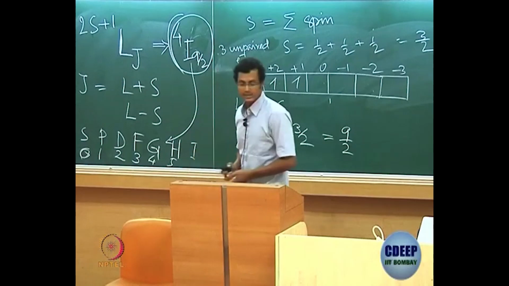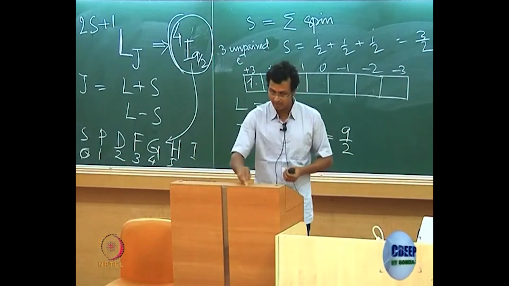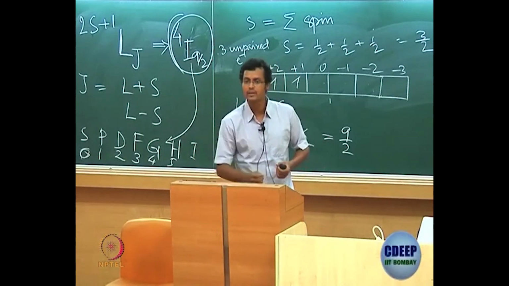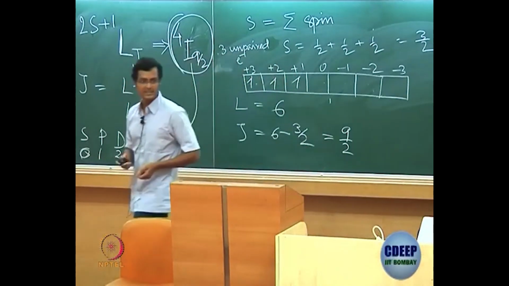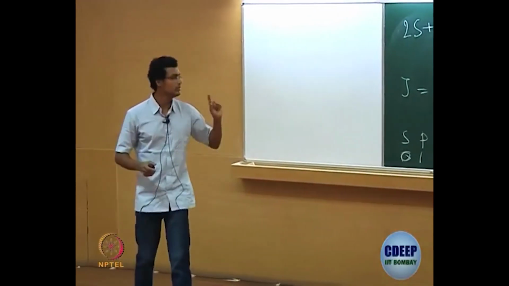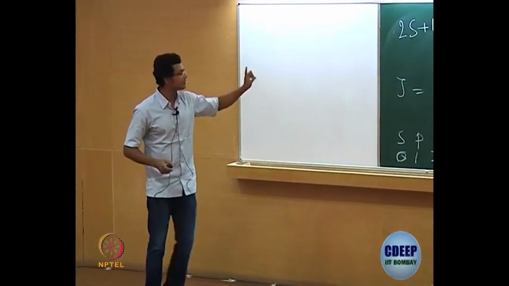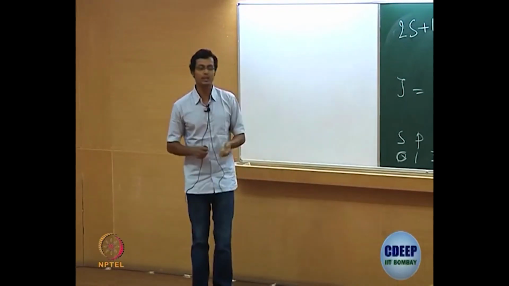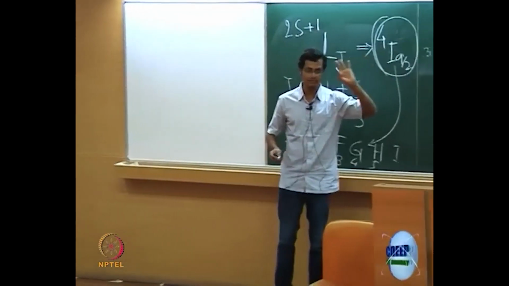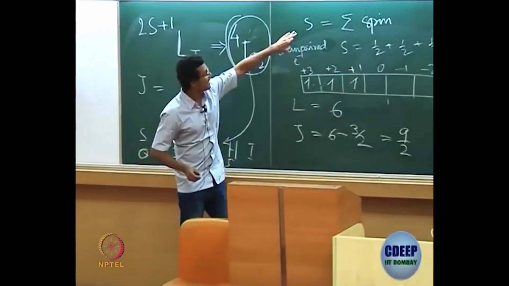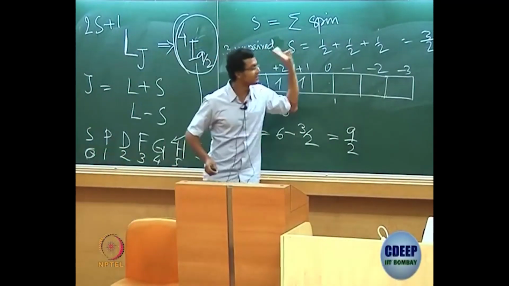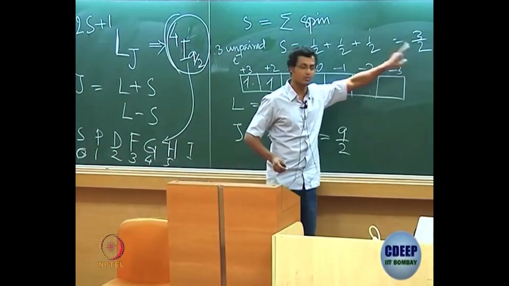Is it Einstein, Es? Anyway, praseodymium 2 plus is going to be f2, and I think Em is going to be 3 plus. If you have 3 unpaired electrons, they will give you the spin value, capital S, which is going to be 3 by 2.